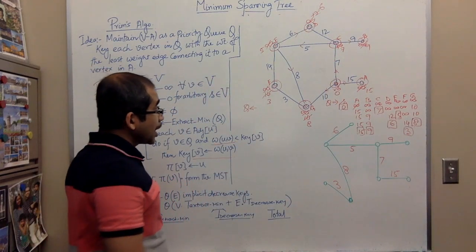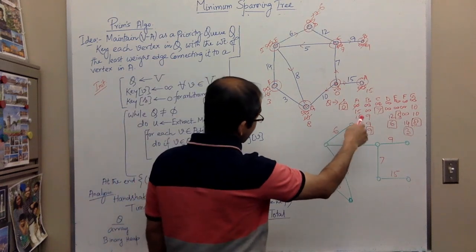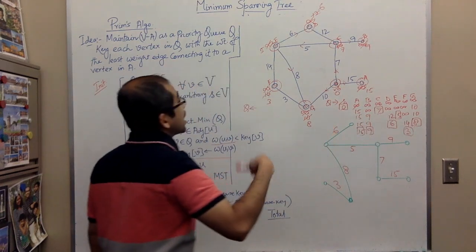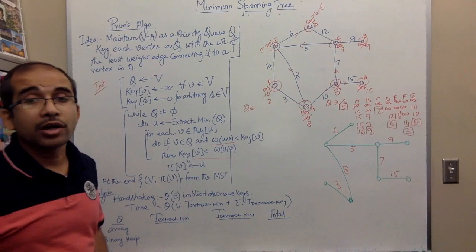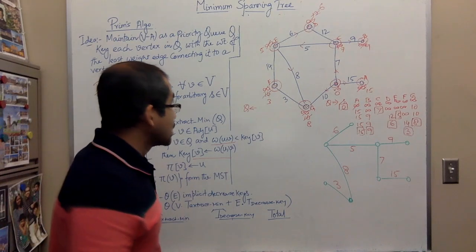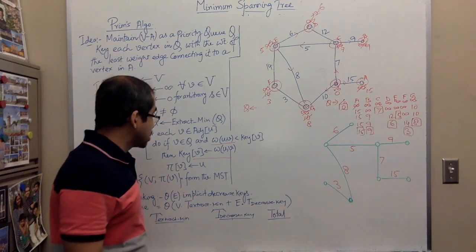Okay, and then among them you choose the minimum one, and continue the same procedure until the entire priority queue is empty.